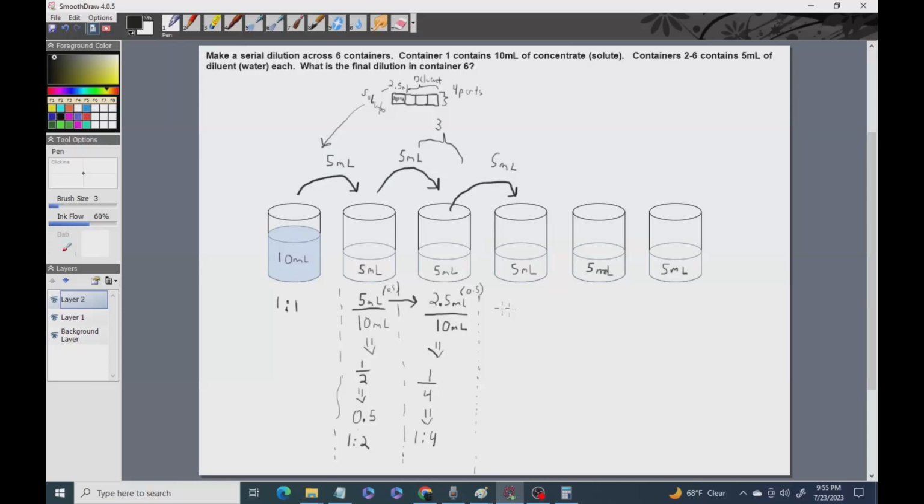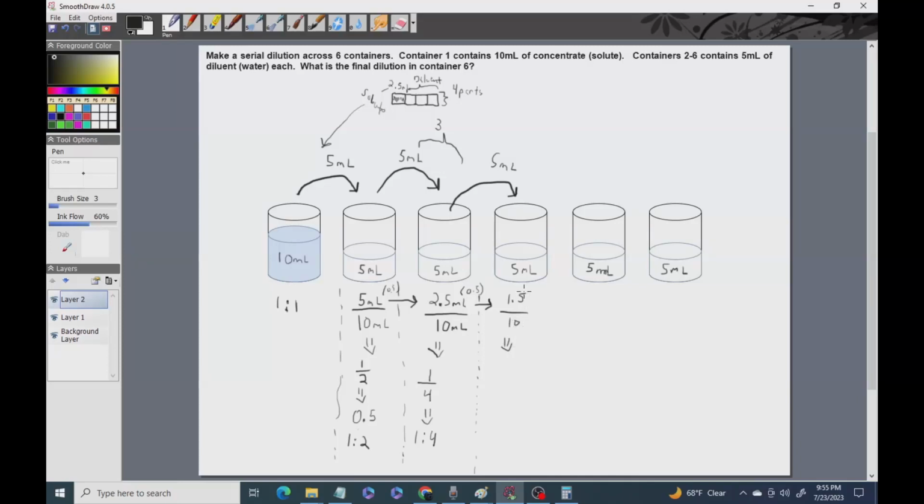And by using our multiplier, we could say 2.5 times 0.5 is 1.5 out of 10.